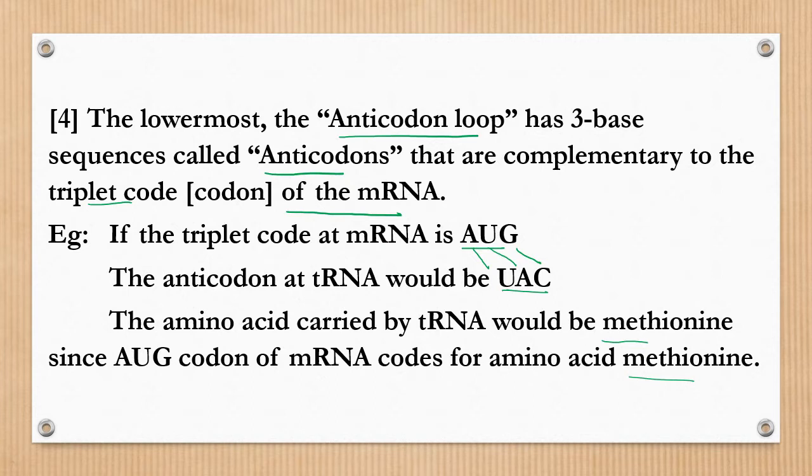Because the AUG codon of mRNA codes for methionine. That's why the tRNA anticodon carries the specific amino acid that is attached to the 3' end of the tRNA molecule.